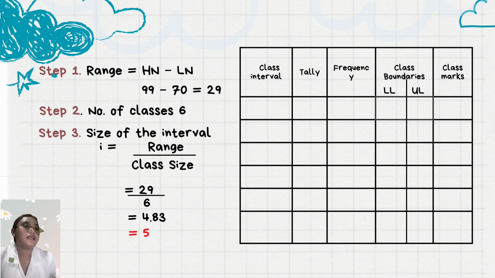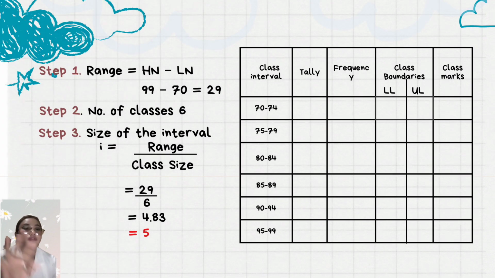Okay, we will now put it in the table. Class interval is 5, right? Okay. 70 is our lowest number. Plus 5: 70, 71, 72, 73, 74. So, 70 to 74. Next is 75 to 79. Next, 80 to 84. And 85 to 89. Then, 90 to 94. And 95 to 99.